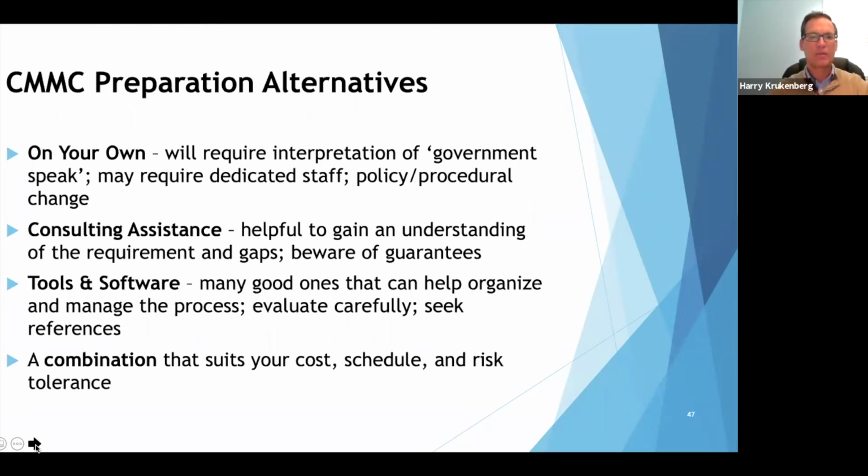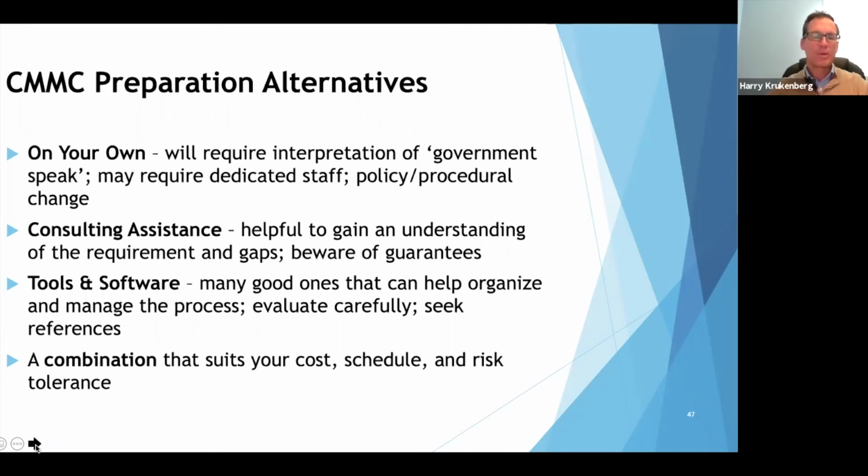Next, tools and software. There are many good tools out there available to help you manage the process, to help you manage the steps in becoming compliant and keep track of that. But tools and software alone won't get you to compliance, but they can be very helpful in helping you manage the process.